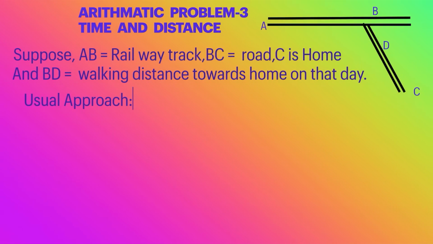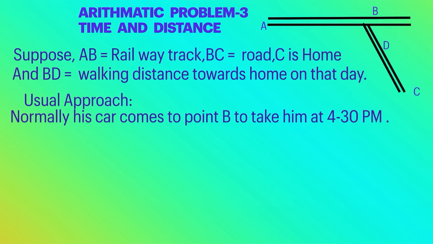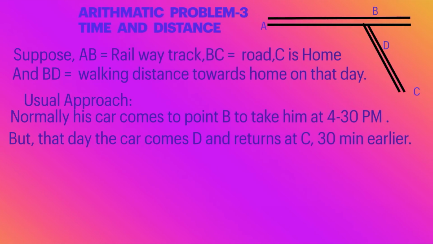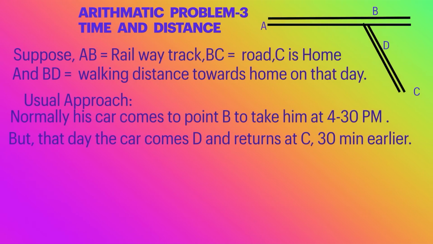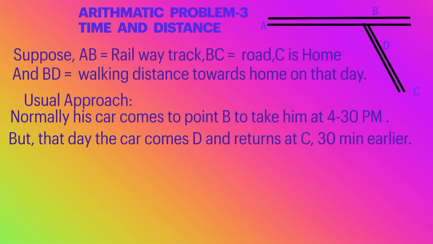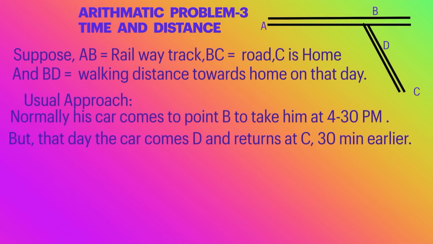And the usual approach will be like this. Normally his car comes to point B to take him at 4:30 p.m. It was given in the question, but that day, on that exceptional day, the car comes to D and returns to C, and then it will be 30 minutes earlier than the normal arrival.